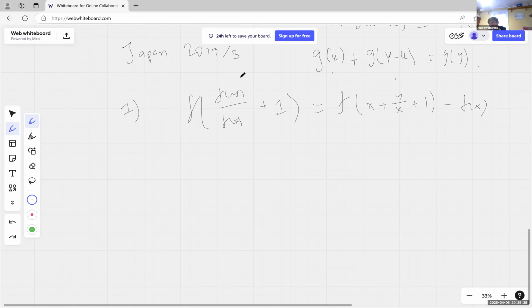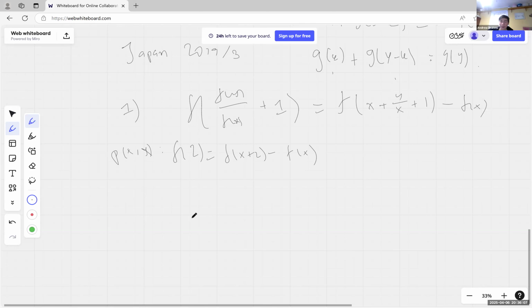But if you plug in easy values of x, you'll notice right away by P of x comma x that f of 2 is equal to f of x plus 2 minus f of x, right? And that gives you something, and if the question was over the even integers, you'd be done. But the question is not over the even integers, sadly.